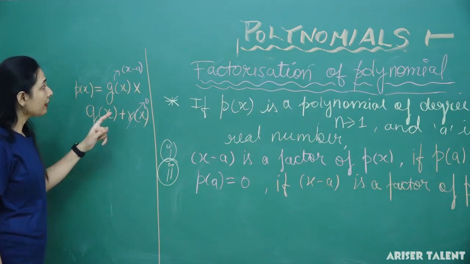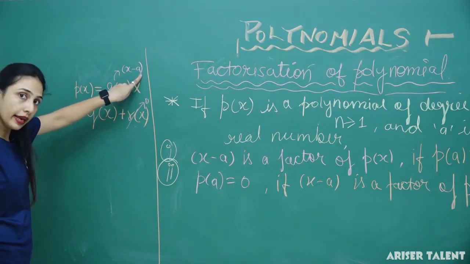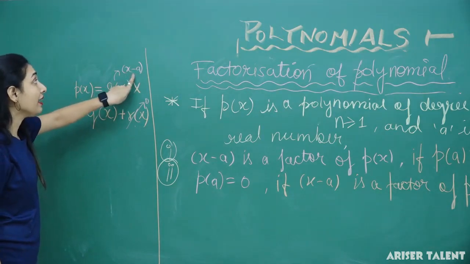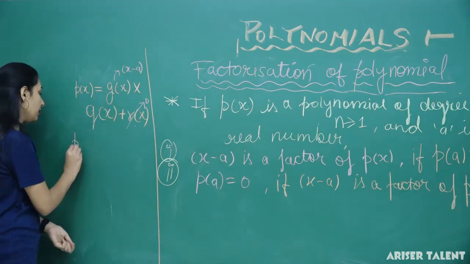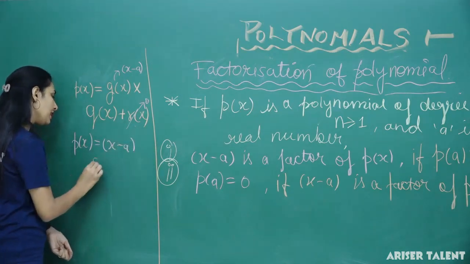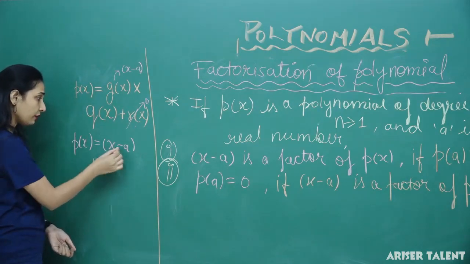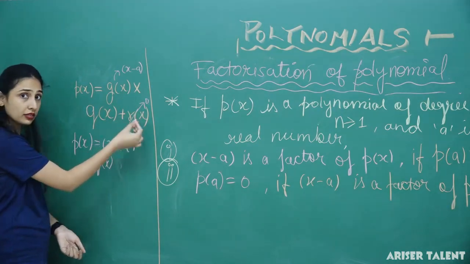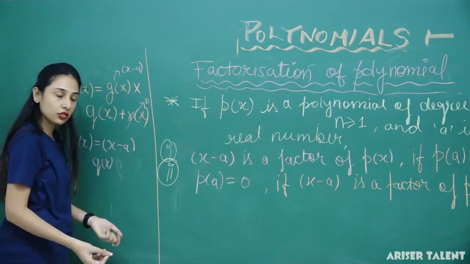Simple. If I write x minus a, that means the value of x is a. Now P(x) equals x minus a times some G(x) or Q(x), whatever you want to take. Because R(x) is 0, because these are factors, the remainder is 0.